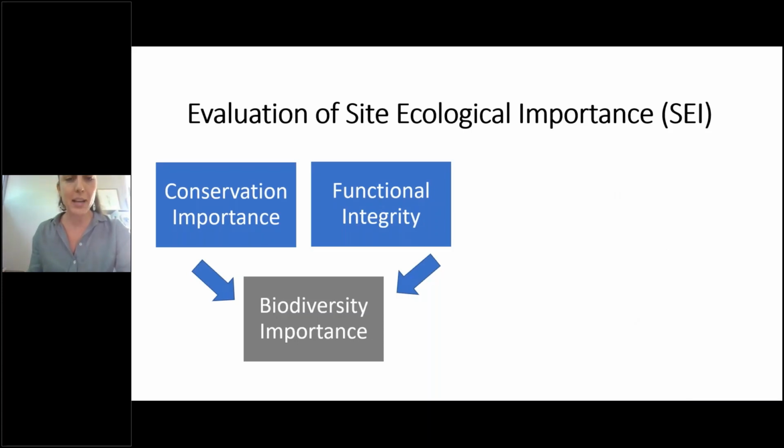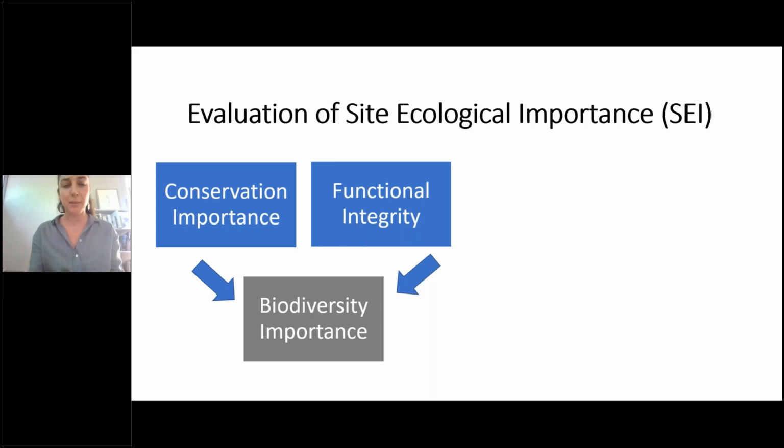The one is the actual biodiversity importance of the site, and that is made up of two things. What conservation elements, what features of conservation importance occur on the site, and then what is the functional integrity in place for those conservation features? Because you could have a really important population of species, but if the site is highly degraded, that makes a big difference.